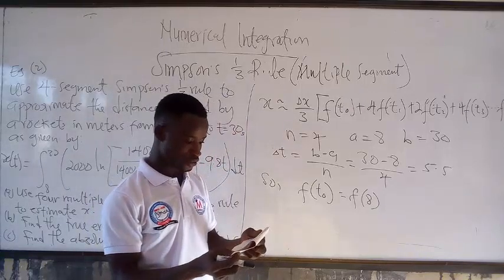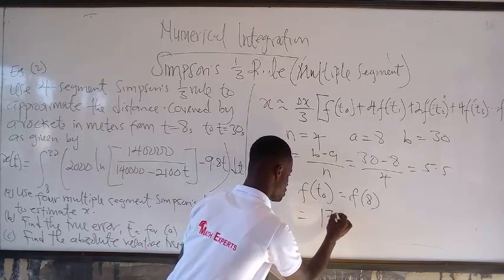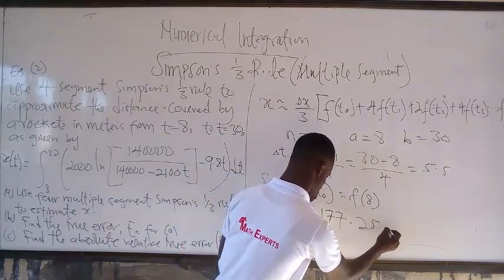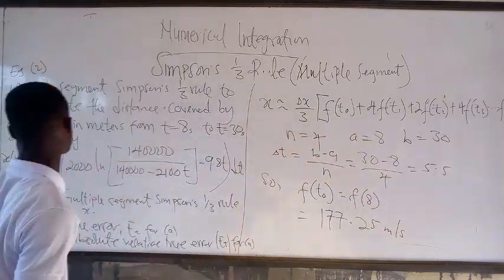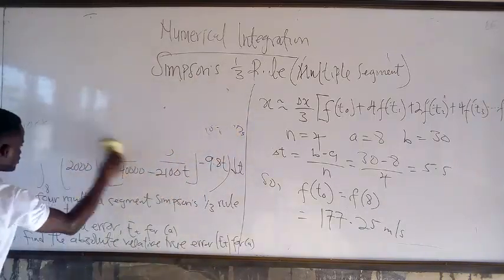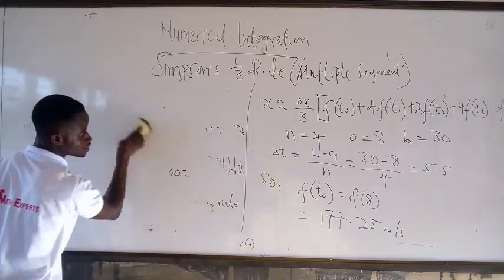And the result you are going to get for that is 177.25 meters per second. So that's what you are going to get. Let's continue. I love mathematics. I hope you also love it.